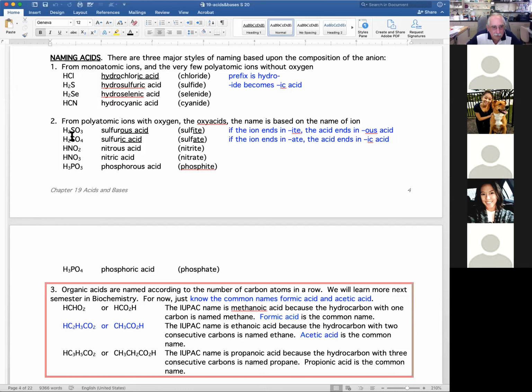This one is sulfate. So notice if it ends in ITE, it becomes ous acid. If it ends in ATE, it becomes ic acid. So sulfurous acid, sulfuric acid, nitrous acid, nitric acid, phosphorous acid, and phosphoric acid.